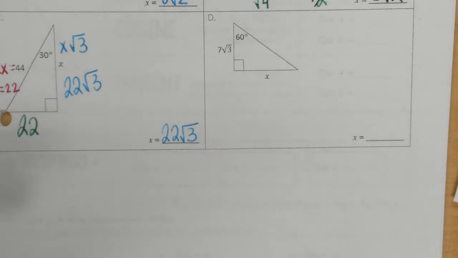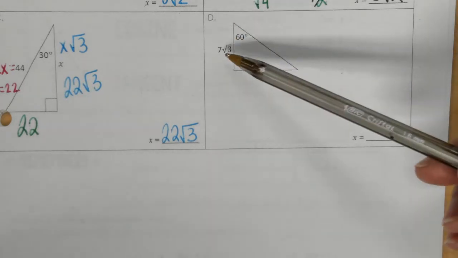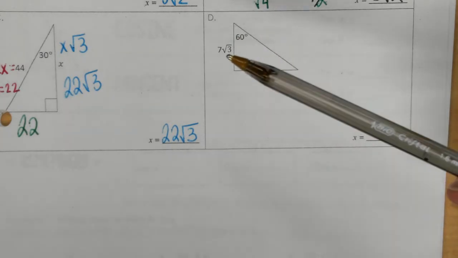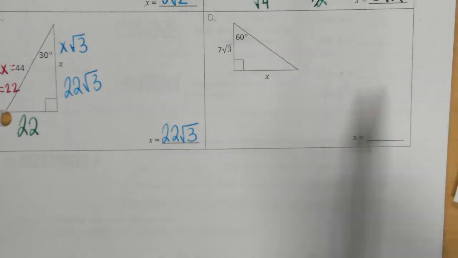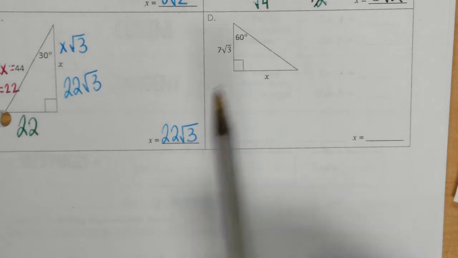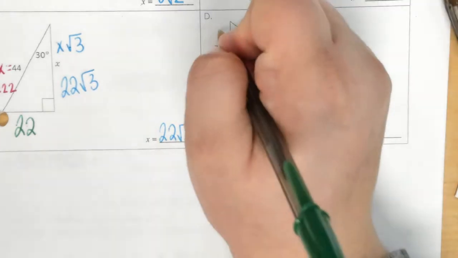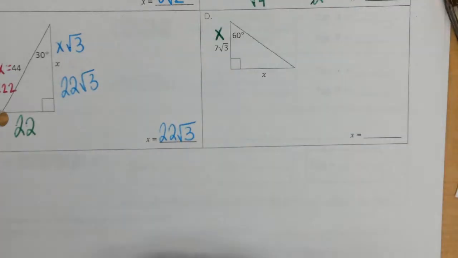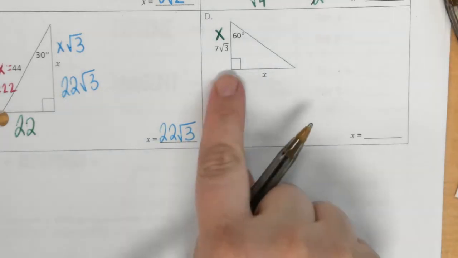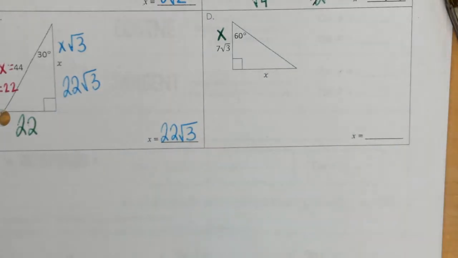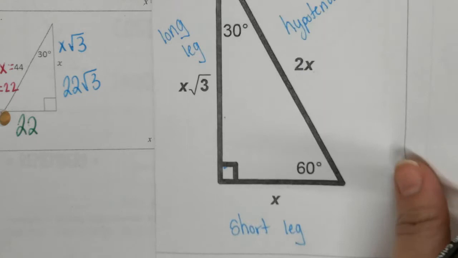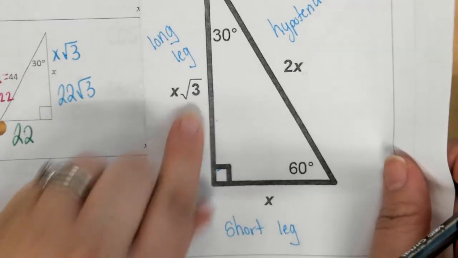Lastly, for letter D, this time our short leg is 7 radical 3. And that represents x. Our long leg, according to this, represents x radical 3.